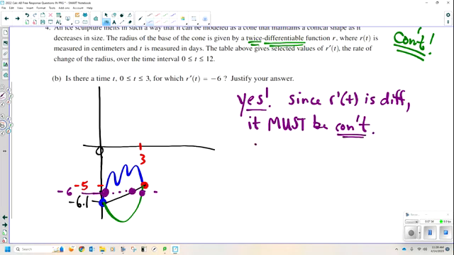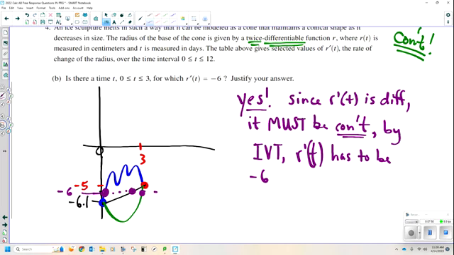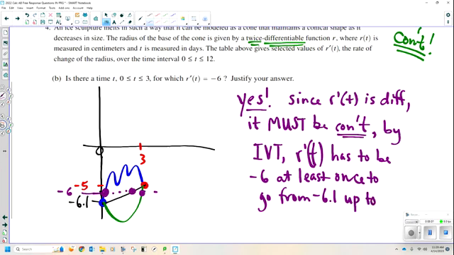Comma, by my intermediate value theorem, r prime of t has to be negative 6 at least once, maybe more than once, but at least once to go from negative 6.1 up to negative 5.